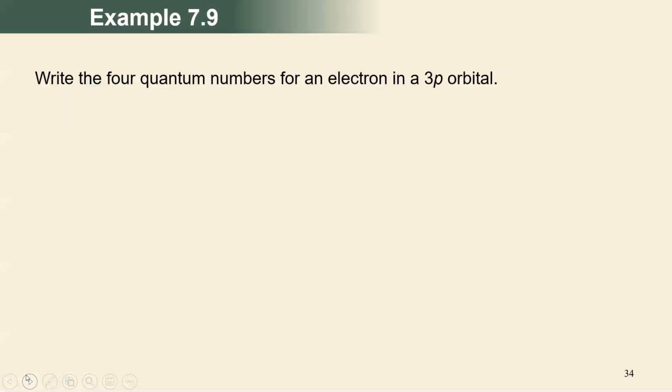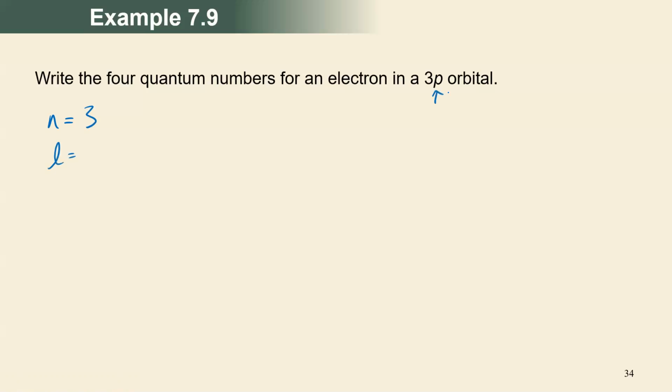Okay. All right. So for quantum numbers for an electron in a 3p orbital, what does n have to be? 3. N has to be 3. What does L have to be? 2, 1, or 0.